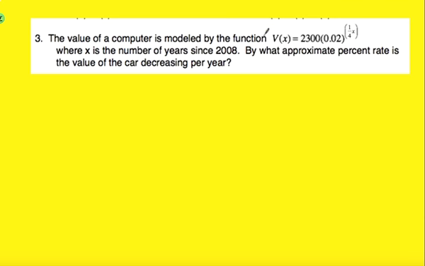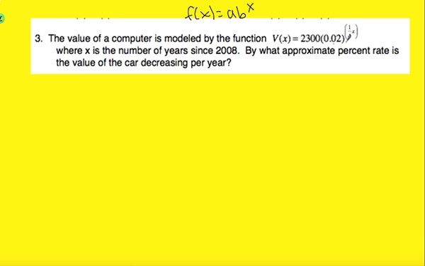So when I look at my function, I notice that it doesn't look like all of my other typical exponential functions. So typically an exponential function would look something like f of x equals ab to the x. And so the big important part about that is that I have my b being raised to the x power.